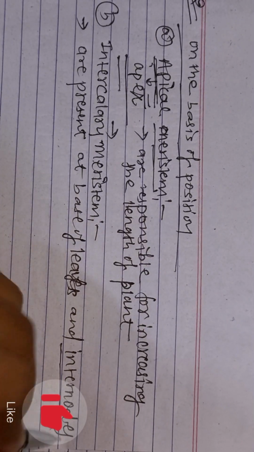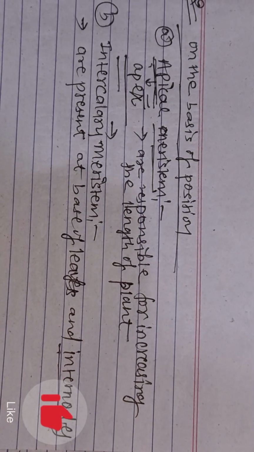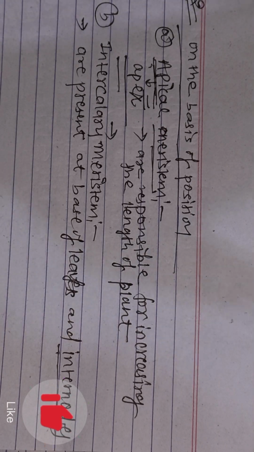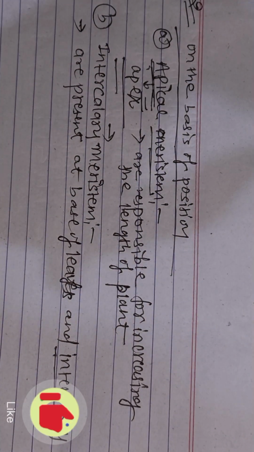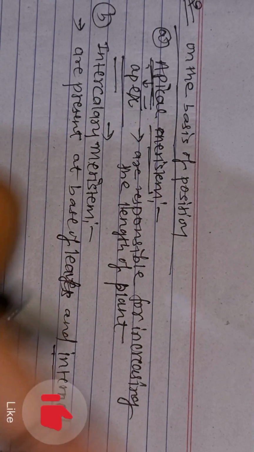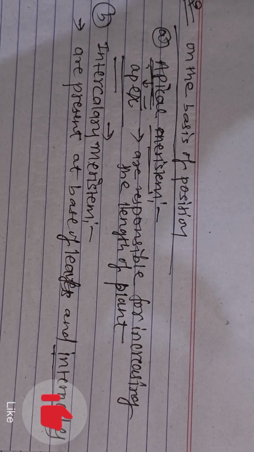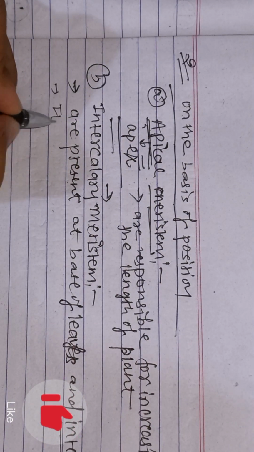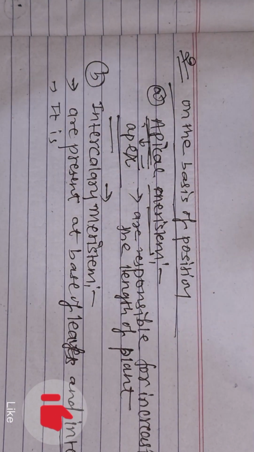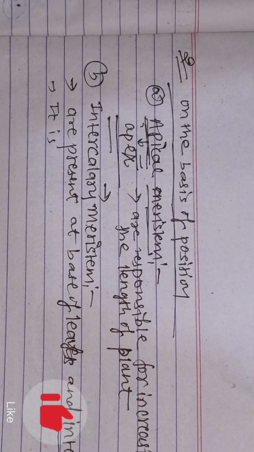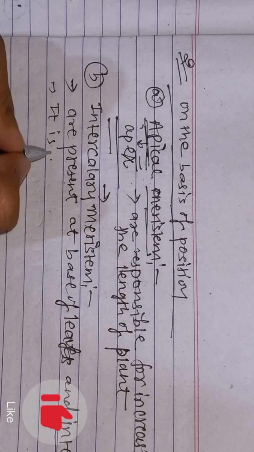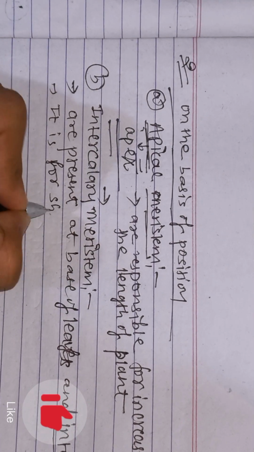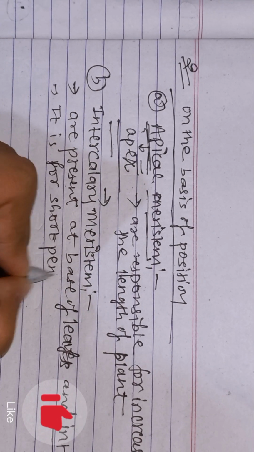What do you mean by the term internodes? Internodes is the region present between two nodes, and intercalary meristem is present at the base of internodes and base of leaves. It is active for a very short period of time, and it further forms permanent tissue.